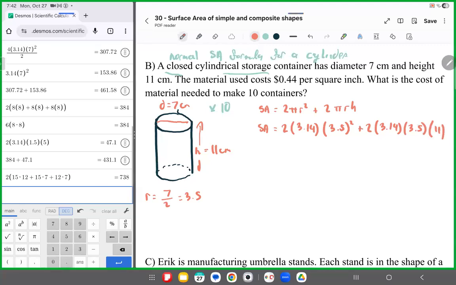So at this point, what we would like to do is type this into our calculator. So 2 multiplied by 3.14 times 3.5 squared plus 2 times 3.14 times 3.5 times 11. So the surface area of this is going to be equal to 318.71, and this will be centimeters squared.